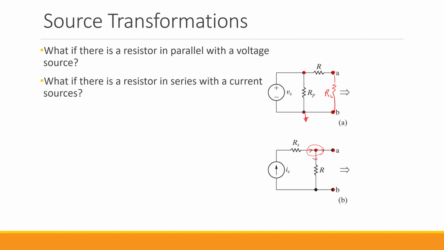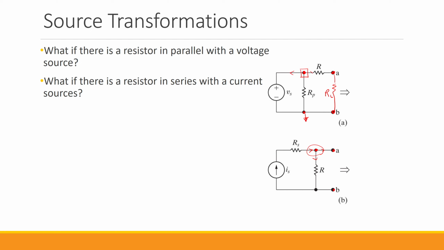So let's just take a look at this one. For example, if you want to write down the KCL for this node, you have a current that, let me just use this direction, goes through this voltage source.